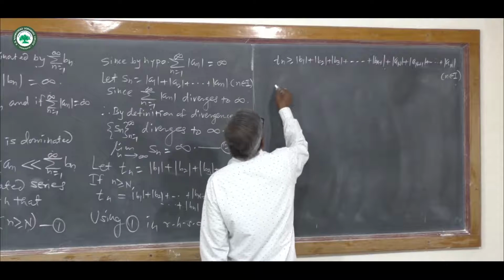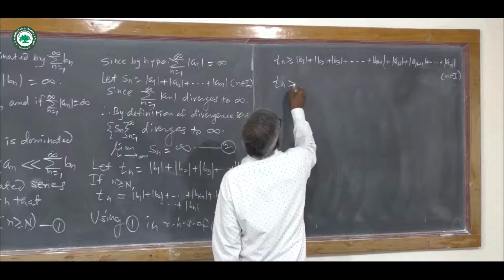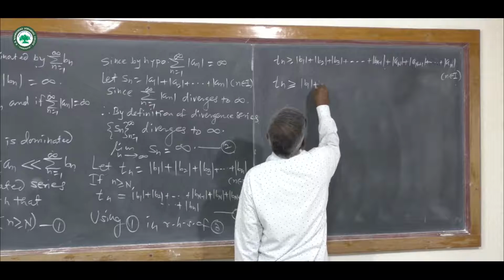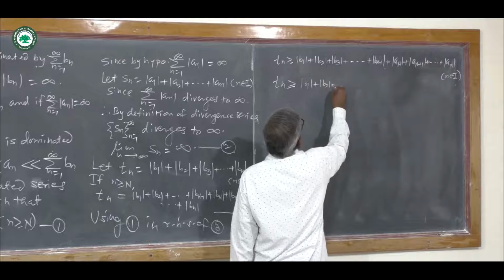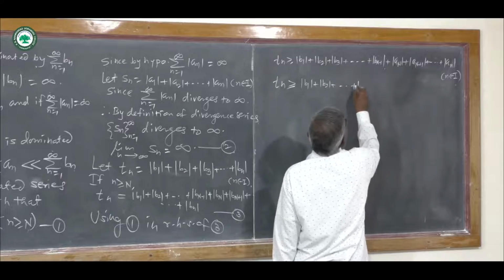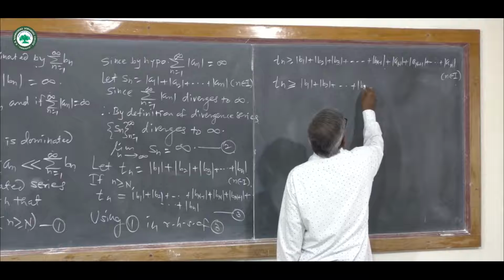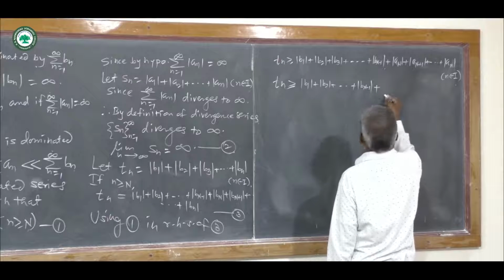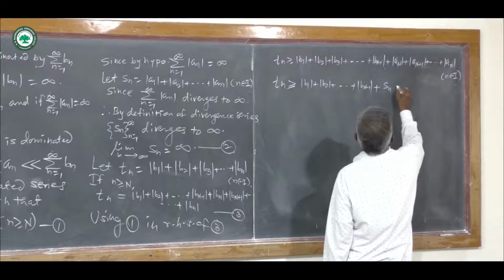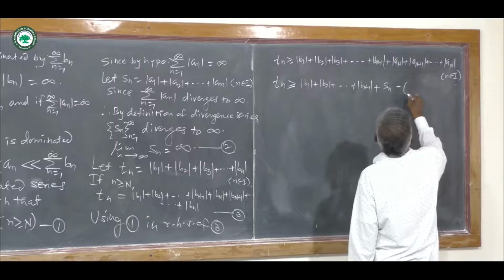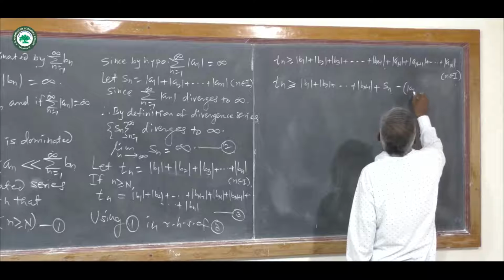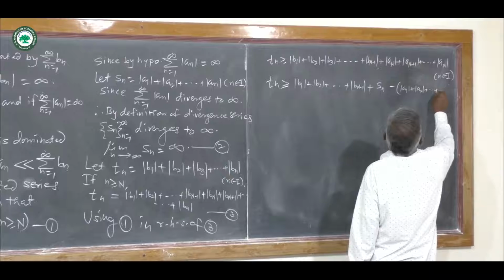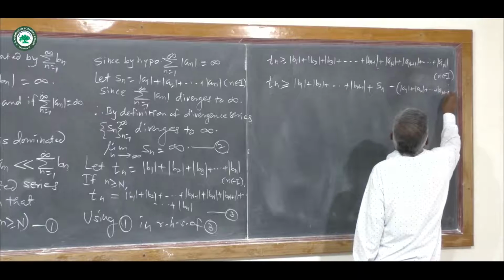Therefore, Tn is greater than or equal to mod b1 plus mod b2 plus and so on plus mod of b suffix N minus 1 plus Sn minus some finite terms, that is mod a1 plus mod a2 plus and so on plus mod of a suffix N minus 1.